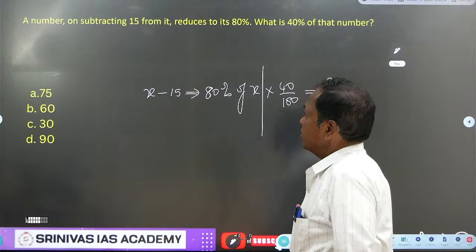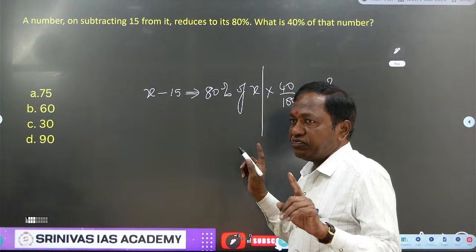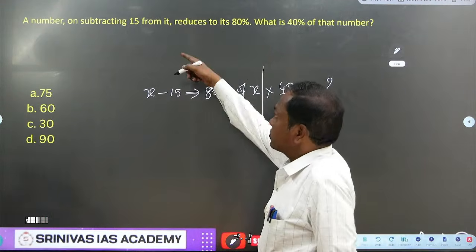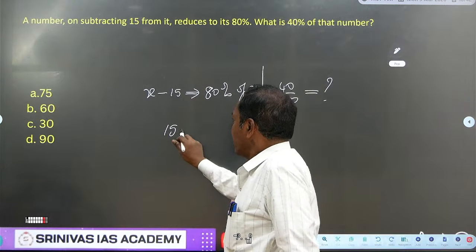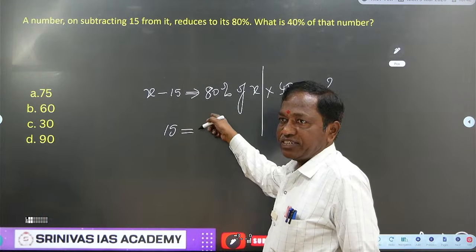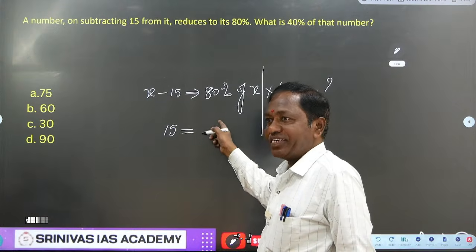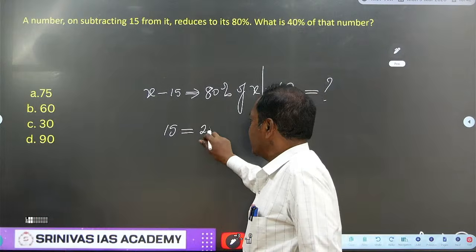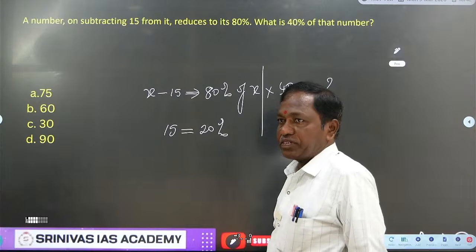When 15 is reduced, it is reduced to 80% of the number. How much is it being reduced? 15. Now it is equals. But what is the reduced percentage? Reduced to 80, so reduced percentage is 20. So 15 is equal to 20%.